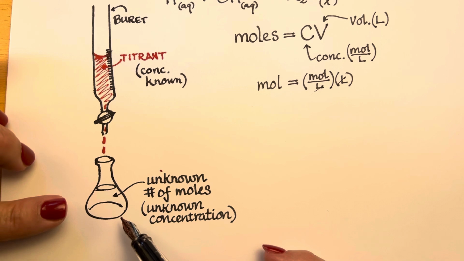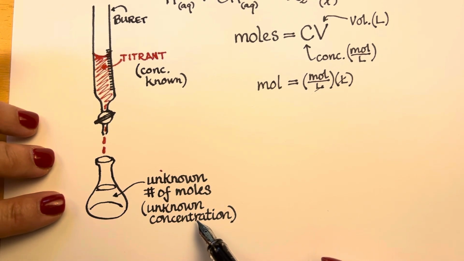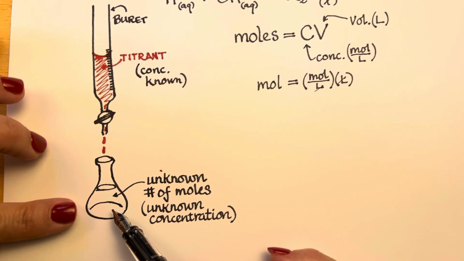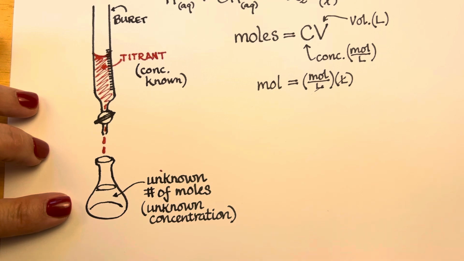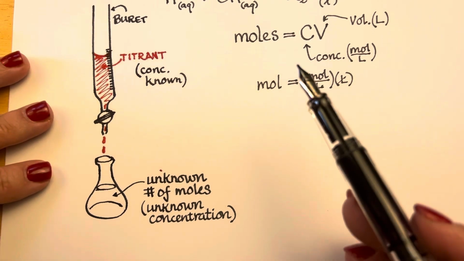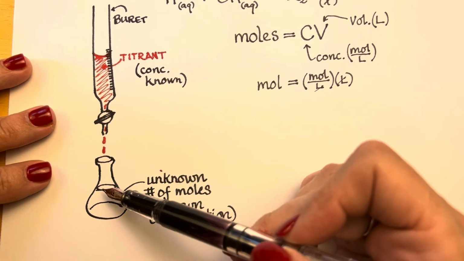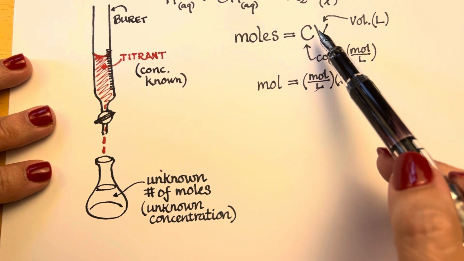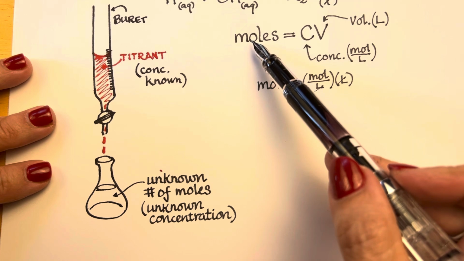Perhaps you don't know the molecular weight, or it could be unknown concentration, but you absolutely need to know the volume of it so that you can ultimately determine the number of moles based on the volume of the titrant that goes in. The concentration is known, and so if you know the volume and you know the concentration, you can know the moles.